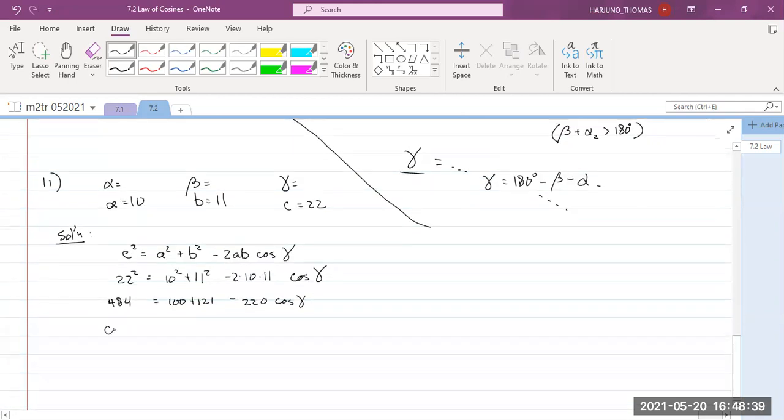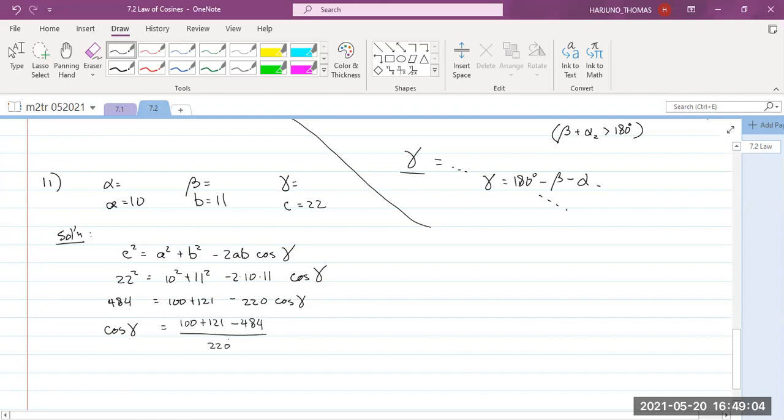So cosine gamma will be, I think I prefer to do it this way, 100 plus 121 minus 484 over 220.